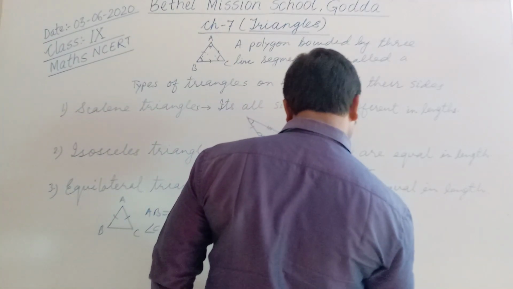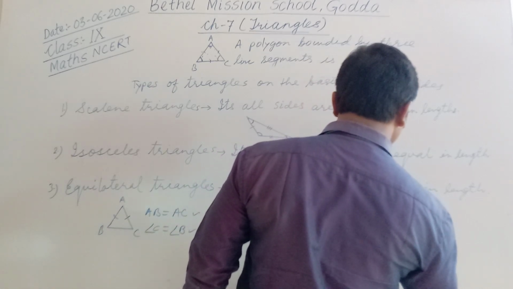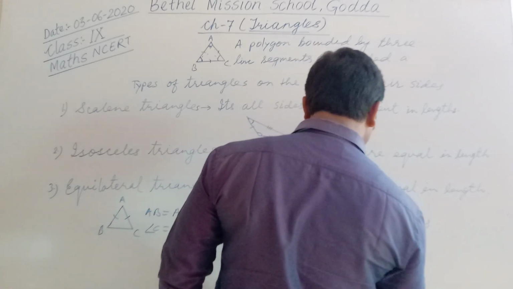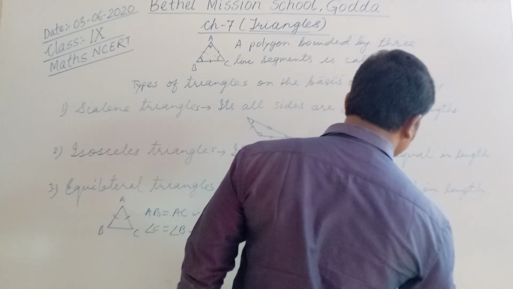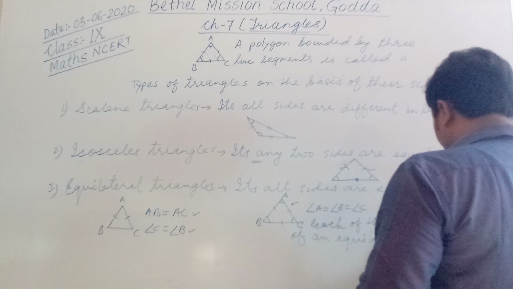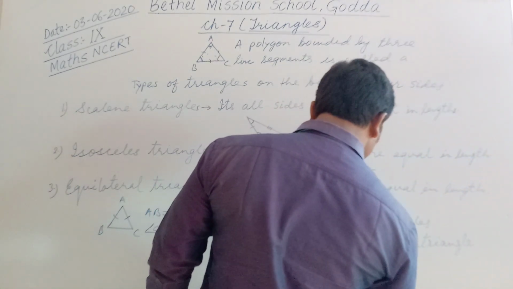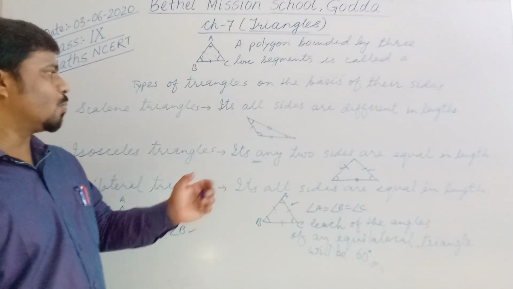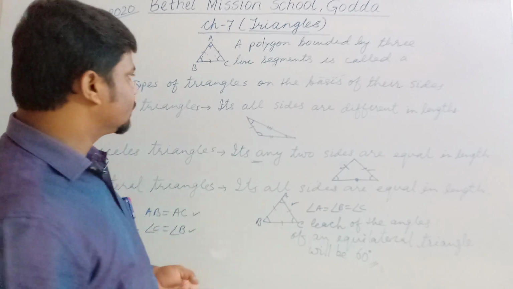Each of the angles of an equilateral triangle will be 60 degree. So these are the properties of these three types of triangle.